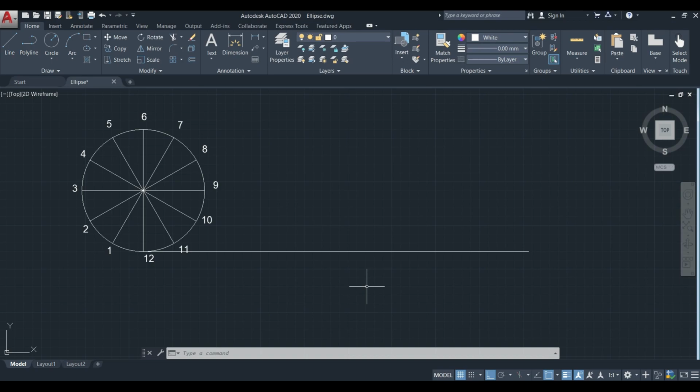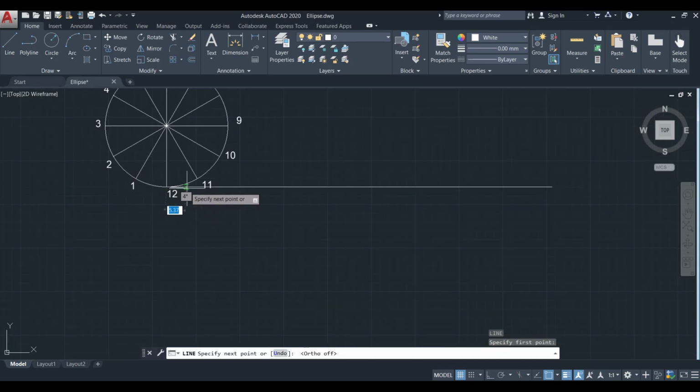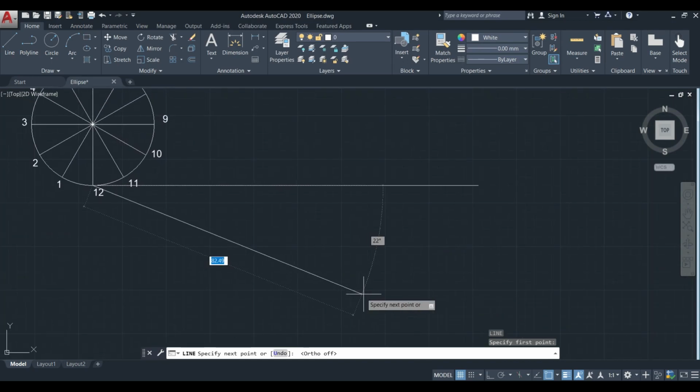For dividing it into 12 equal parts, we can use another method which we already know. That is, we can draw a line connecting the point 12 with an angle of 30 degrees like this. Here this line should have a length which is divisible by 12. Why are we doing this?